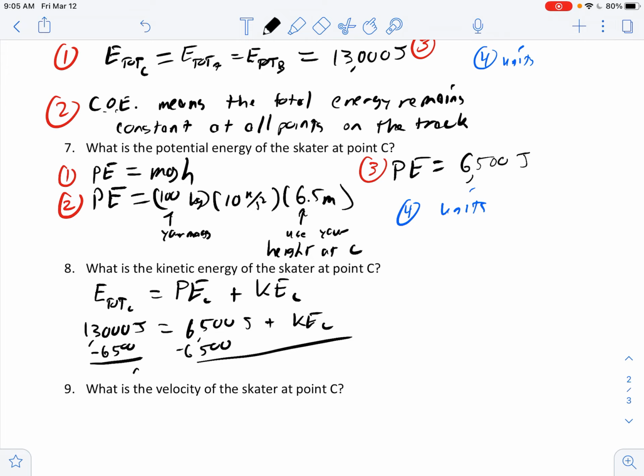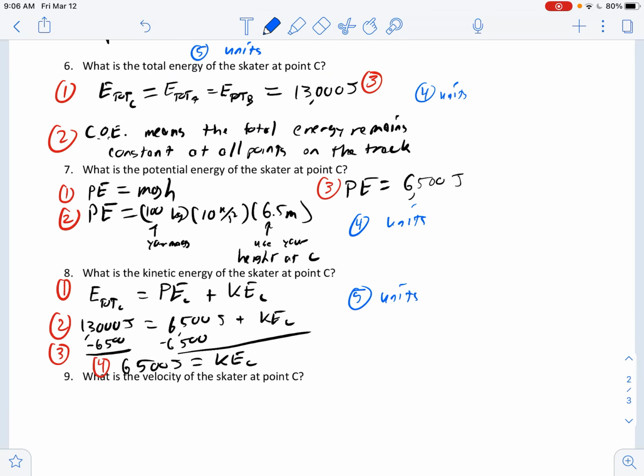And so I wind up with 6,500 joules is equal to the kinetic energy at C. All right, so we've got our equation, we've got our substitution, we showed our algebra, got our answer. Okay, and then, you guessed it, units.